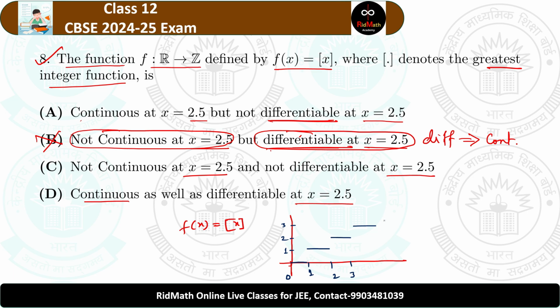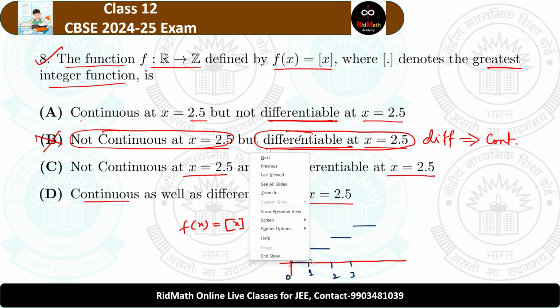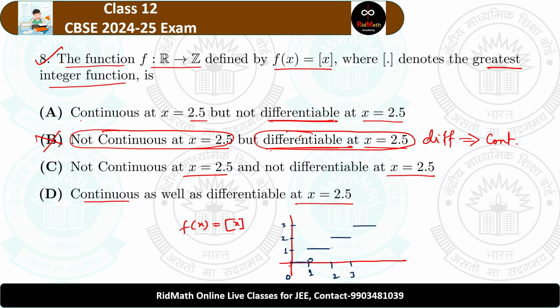It is like a step function. This is the first step, and here there are blank and filled points. It jumps at the integer points. So here it is 2.5. Here you can easily see that the function is continuous and differentiable.